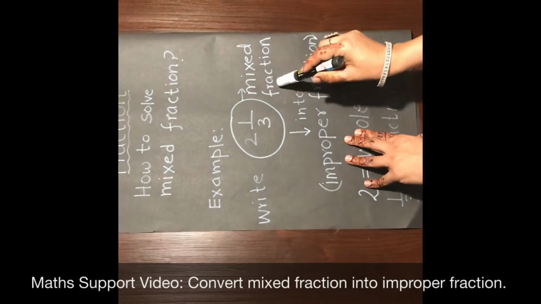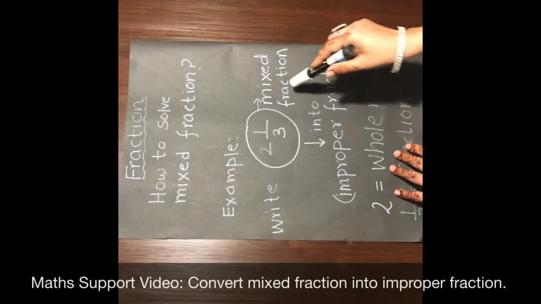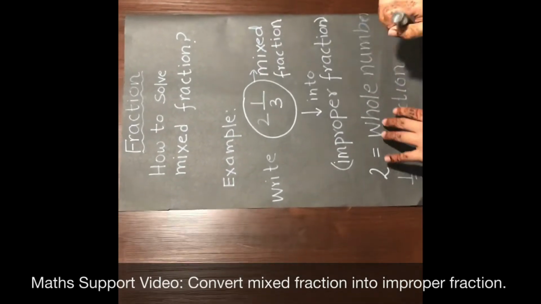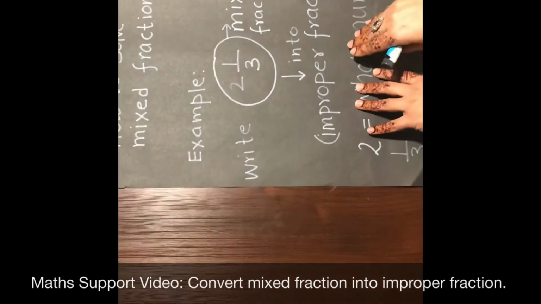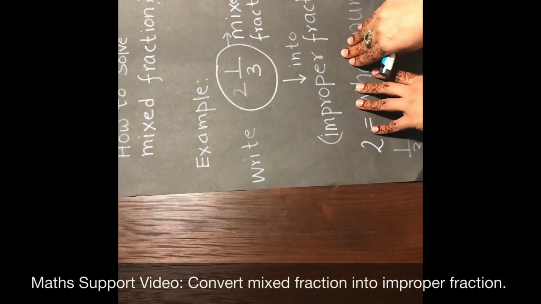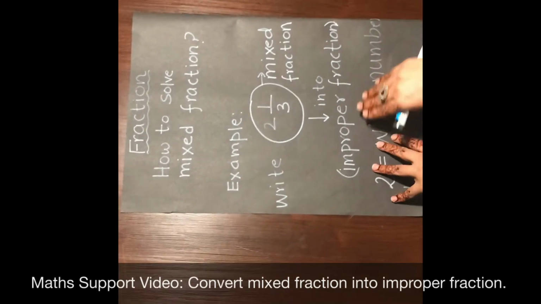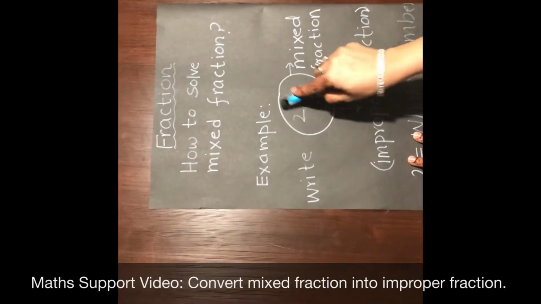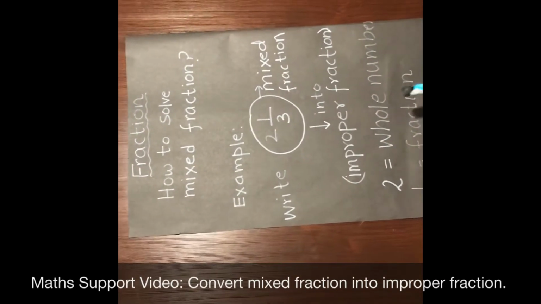But before I move on to the steps that we use to convert the mixed fraction into an improper fraction, I would like to focus on the improper fraction. What is an improper fraction? An improper fraction is a fraction where the numerator is always greater than the denominator.